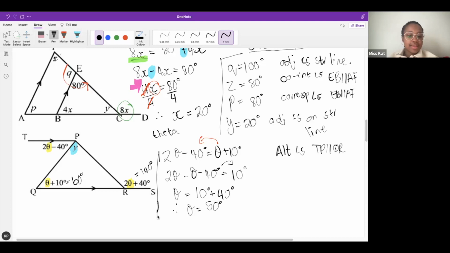60 degrees plus y equal to 2 theta. Okay, remember we solved it. This whole angle is equal to 140 degrees.